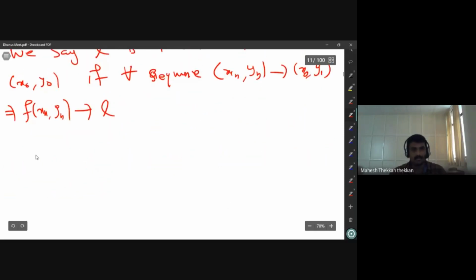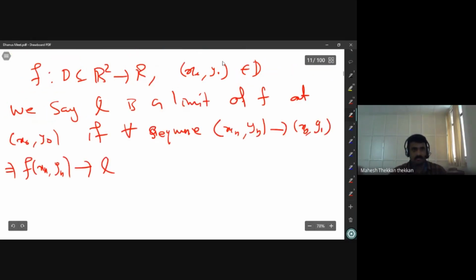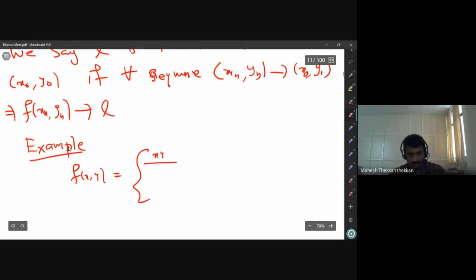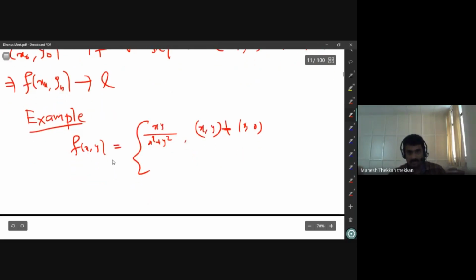I just wanted to illustrate the previous example using this. You consider the same example I discussed earlier: f(x,y) is equal to xy by (x square plus y square) for (x,y) not equal to (0,0), and 0 for (x,y) equal to (0,0).